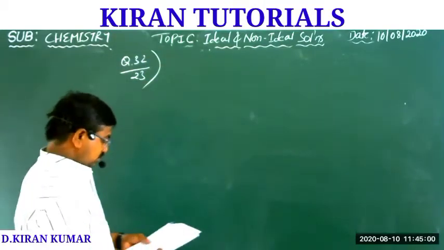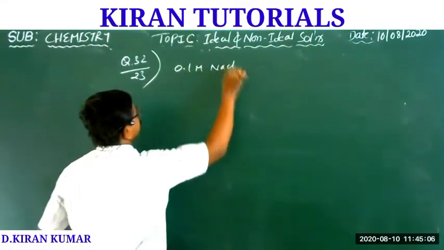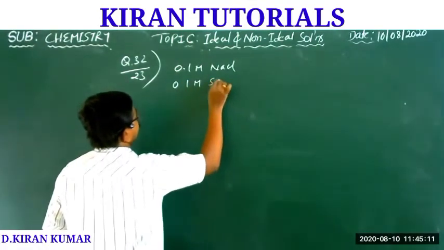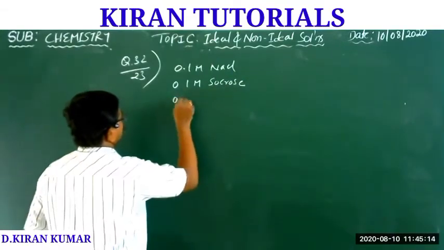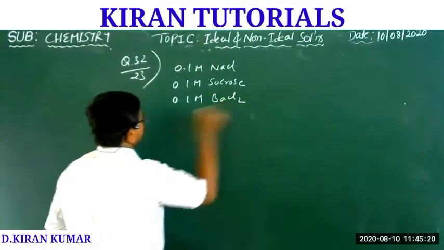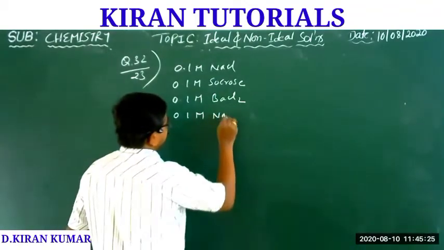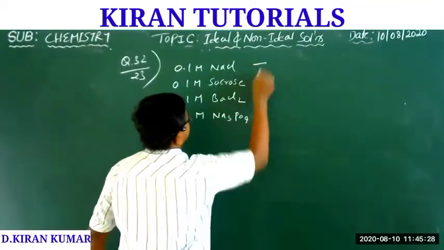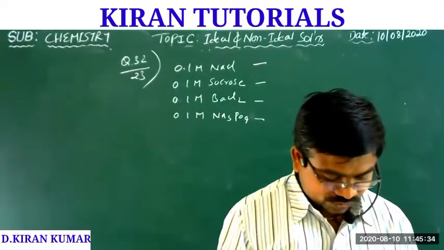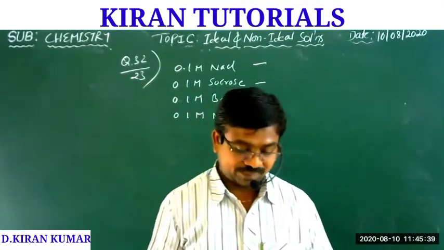Here the molality is the same: 0.1 m NaCl, 0.1 m sucrose, 0.1 m barium chloride, 0.1 m Na3PO4. Then what is the question here? Which of the following solutions in water will have the lowest vapor pressure?